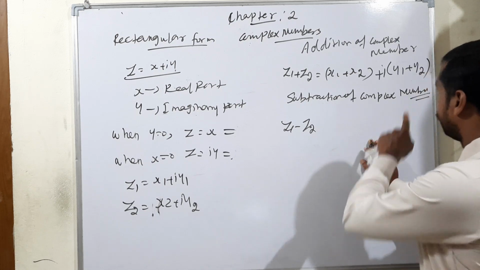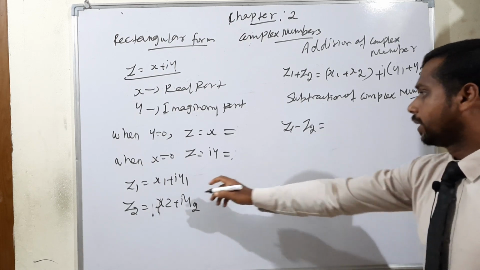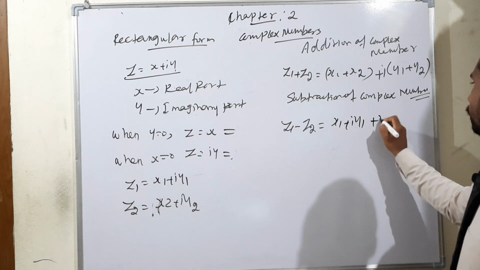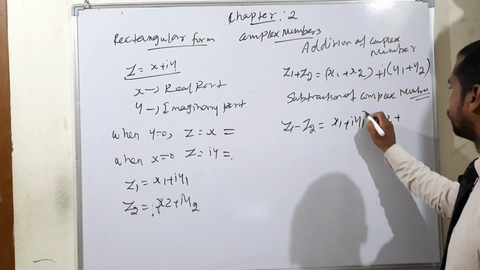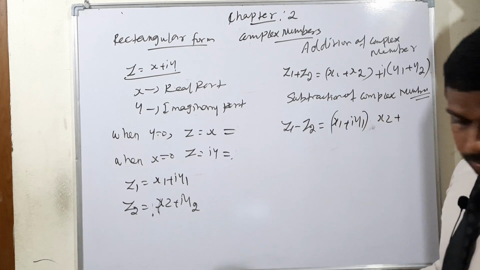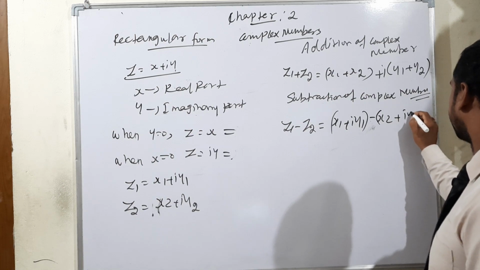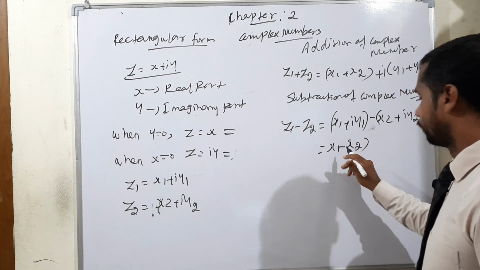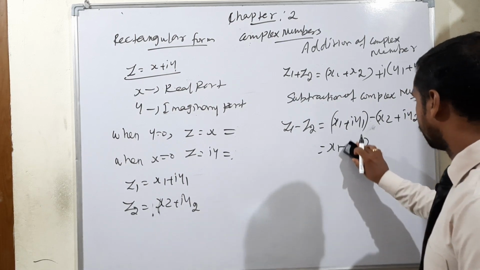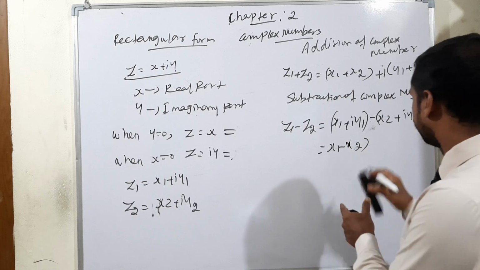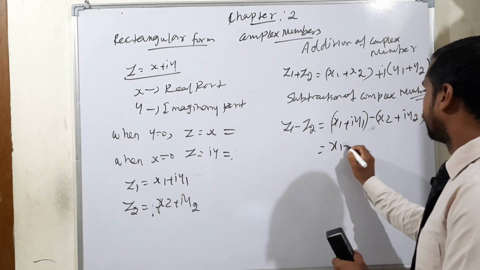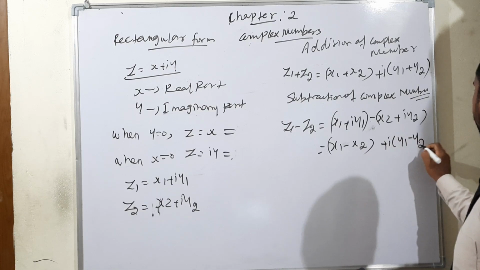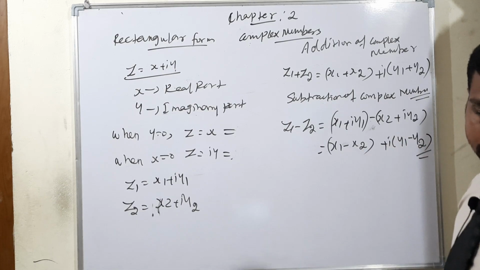But here, look, one important condition: if z1 is equal to x1 plus iy1, then z2 has a minus sign, x2 plus iy2. So definitely x1 minus x2, then plus i into y1 minus y2. That is subtraction of complex numbers, isn't it?